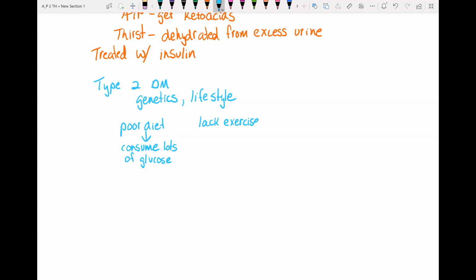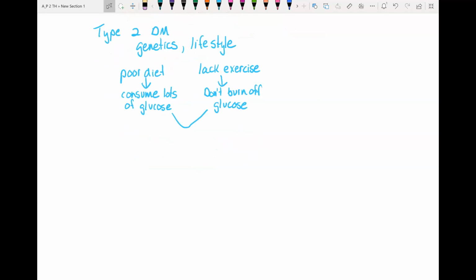If you exercise, you burn off that glucose. But if you're not exercising, you're not burning it off. So these two factors will combine to give you high blood glucose.